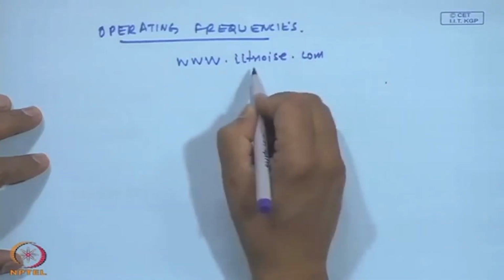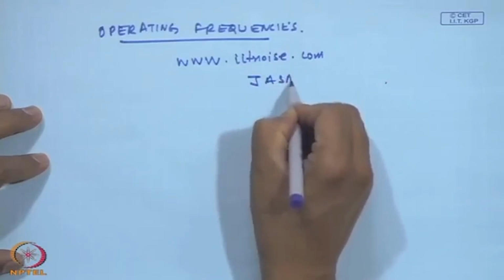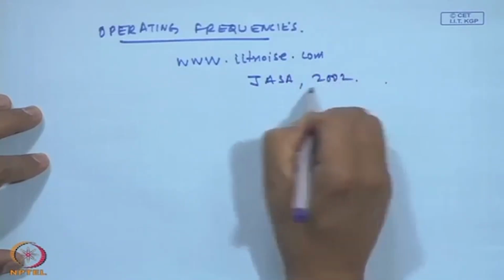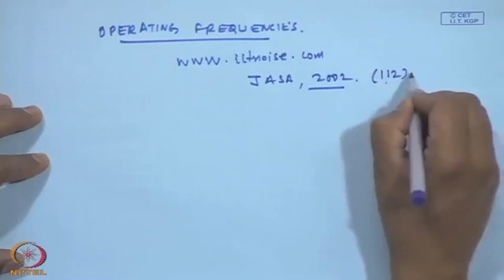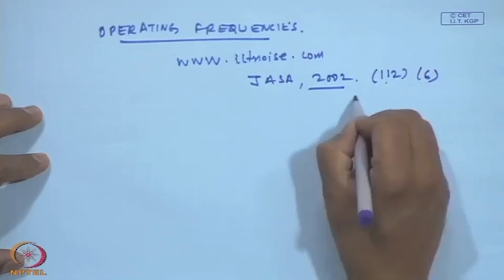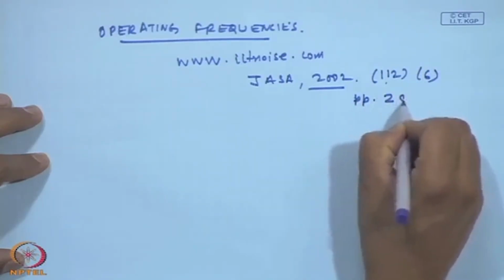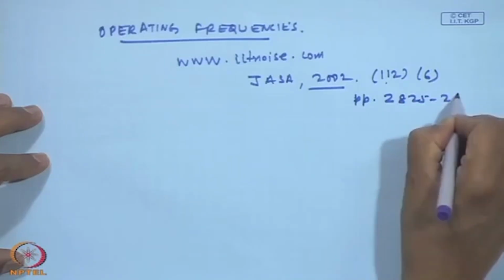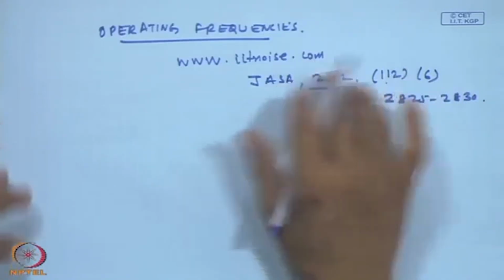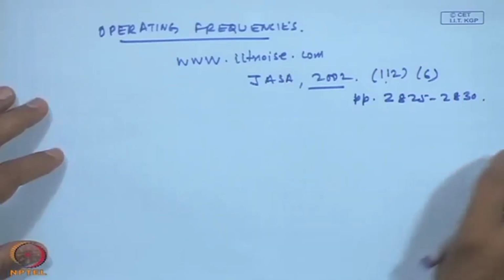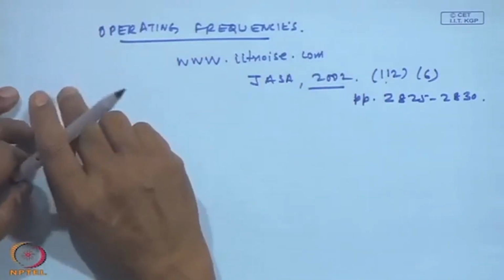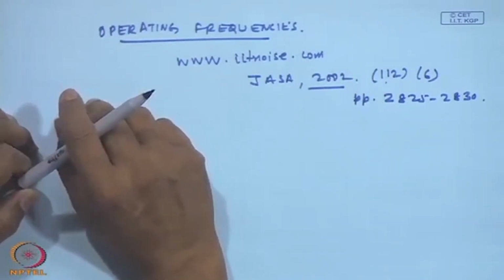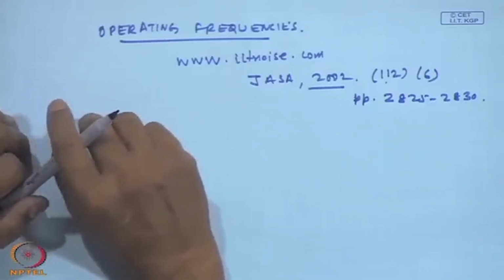This has come out in JASA in the year 2002, Volume 112, number 6, pages 2825 to 2830. The details about this technique are given in that paper of ours, wherein just by monitoring the mobility of a system, we can tell whether a crack has occurred in it or not.